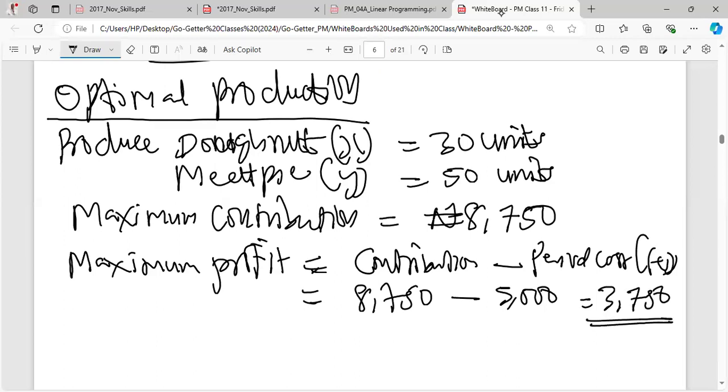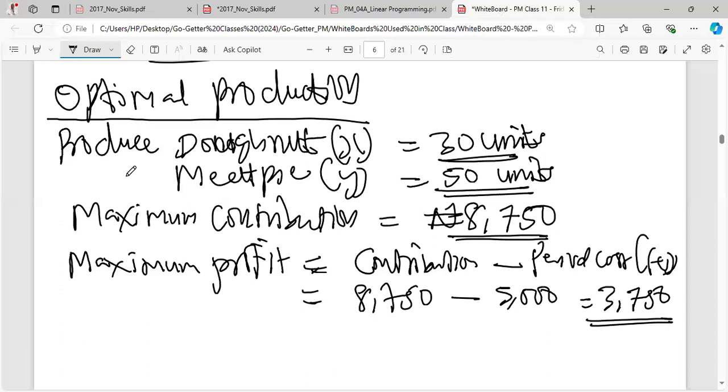So that's your maximum profit. This is your maximum contribution. Contribution is more important than the profit. This is what you are telling management that you want to do. So that's using the graphical method. And that's A2.